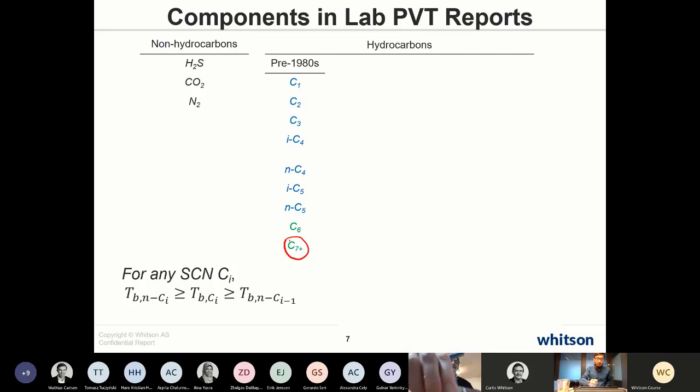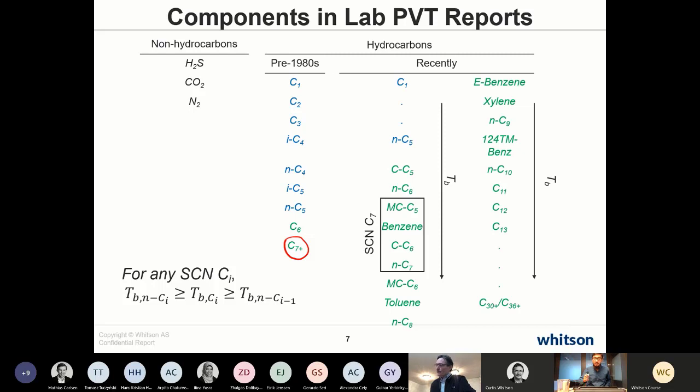We didn't have the extended GC analysis, including heavier fractions like now, where usually we get C30+ or C36+ as the heaviest fraction. So now this is what you can find in the recent reports.